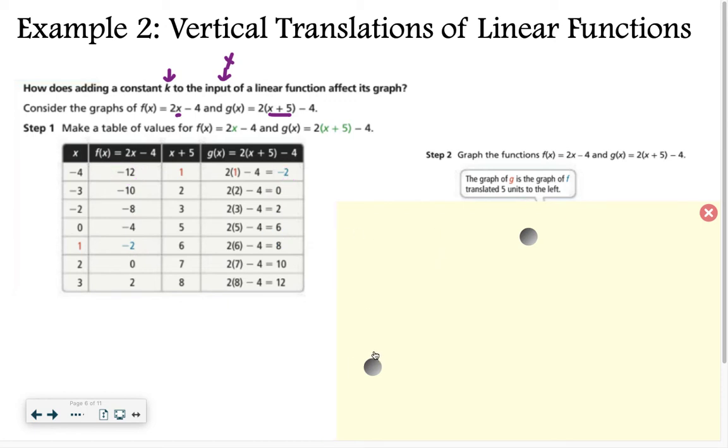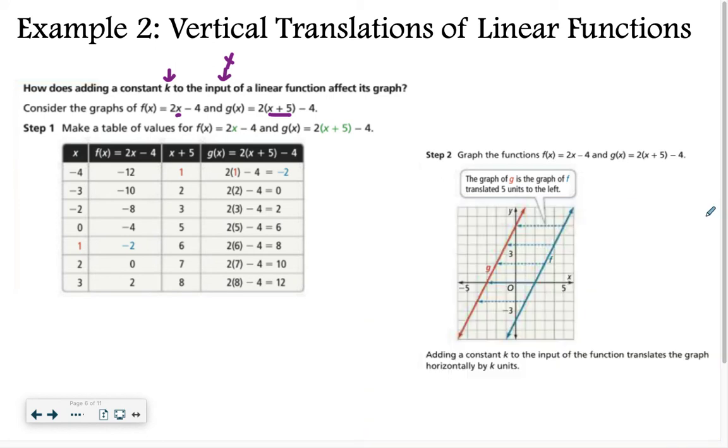So let's look at what that graph ends up looking like when you graph those points. If we graph those, f of x is that blue line, and you can see that everything just got shifted to the left. Everything got shifted to the left.